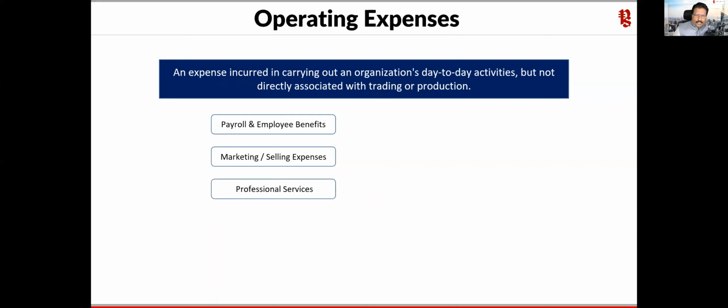Then, as an organization, you may take the services of professionals, for example a chartered accountant. We have seen in the company entity discussion that in the case of a private limited company or public limited company, it is mandated.